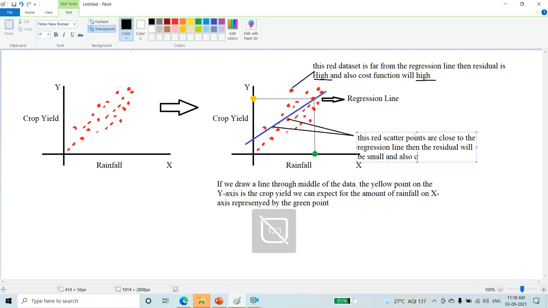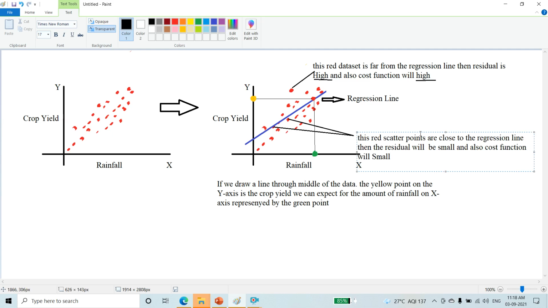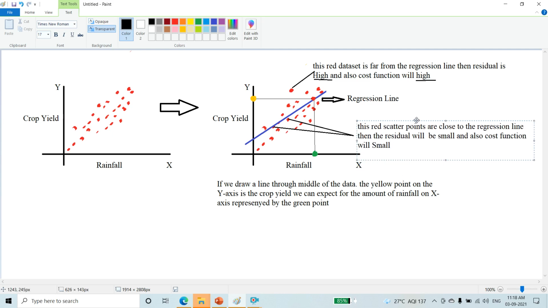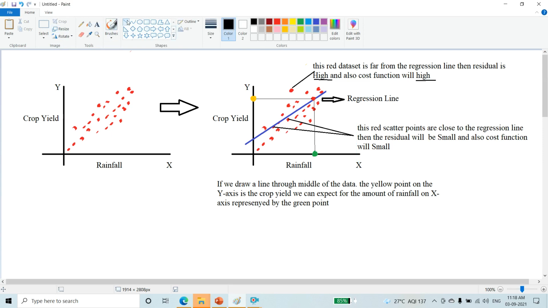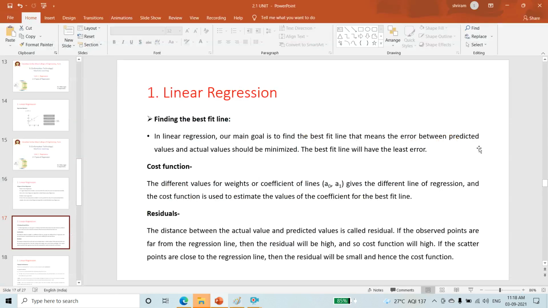Clear? So what is the residual? The distance between the actual value and the predicted value is the residual.